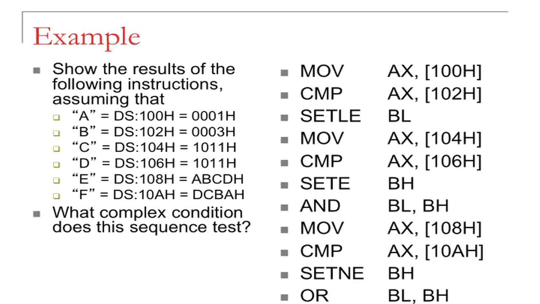So we're trying to do E minus F. And after that, we do set NE BH. So what we are doing is checking E and F. If they're not equal, we will set BH.